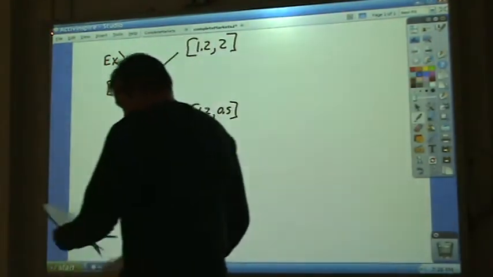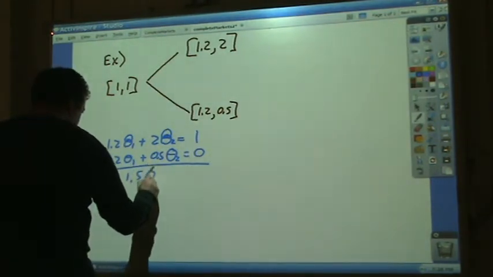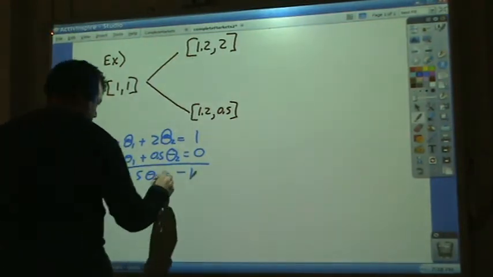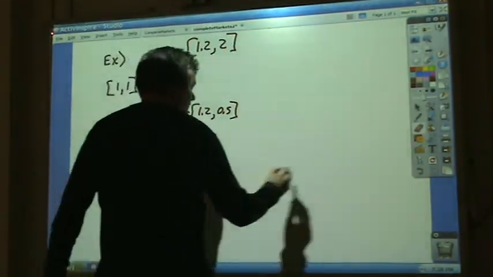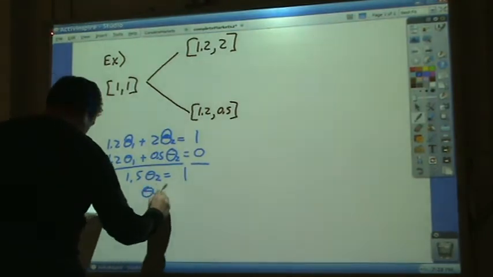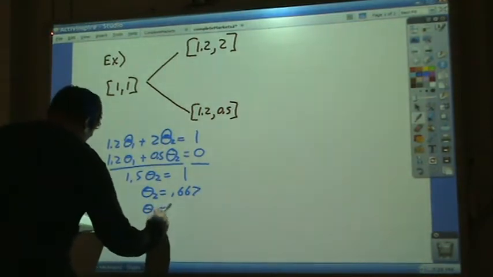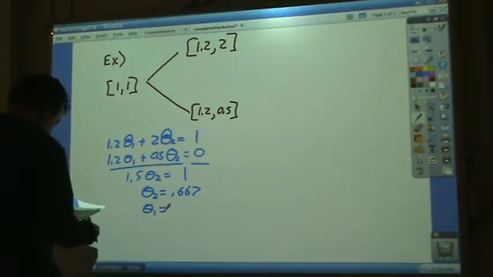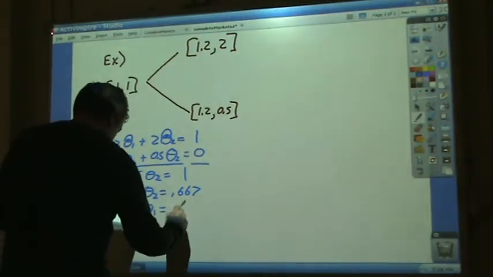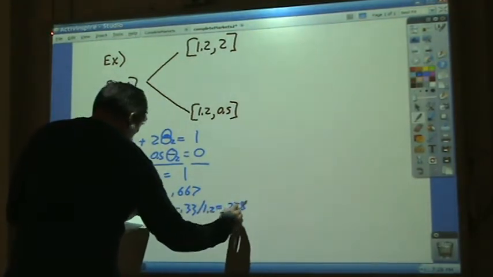Okay. So if we were to solve this, we would end up getting 1.5 theta 2 equals -1. No, I'm sorry, equals 1. And therefore theta 2 equals 0.667, and therefore theta 1 would end up equaling -0.33 over 1.2 equals 0.275.